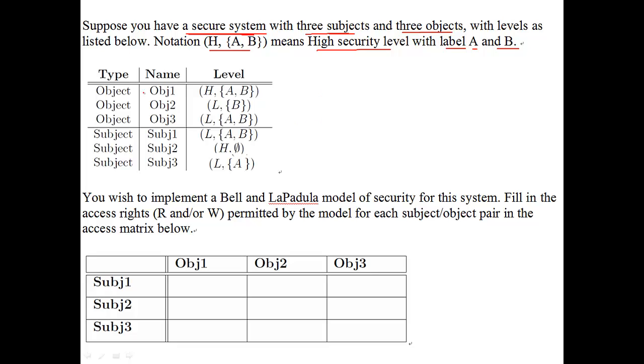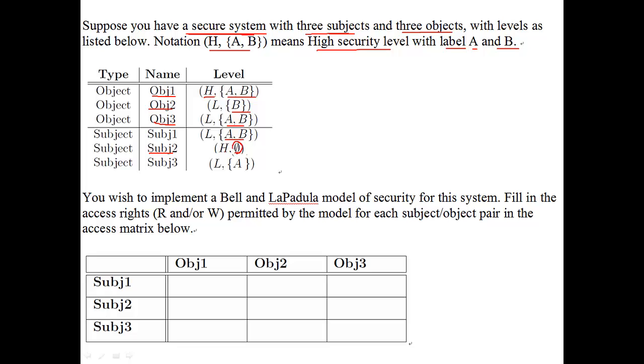So we have 3 objects. Object 1 has a high level with labels A and B. Object 2 is low level with label B. Then object 3 is low level but with labels A and B. For subject 1, it is low level but the category is A and B. For subject 2, it's high level.